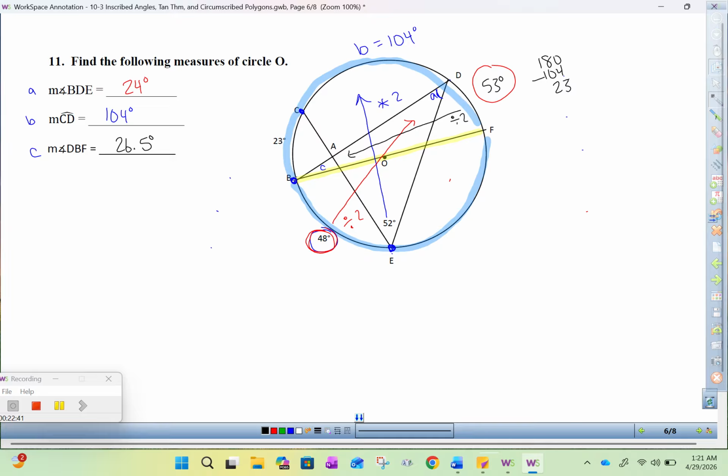Most of the time they will come out nice. Now, if you prefer, kind of like when we were solving for those triangle problems, if you prefer to add these first, that works too. You could take 104 plus 23 and subtract that from 180 instead in one swoop. So 104 plus 23 is 127, and that gives you the 53 as well. Okay, your choice.